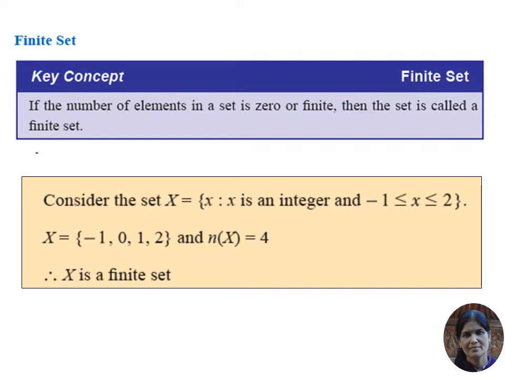In roster form, X is equal to the collection -1, 0, 1, 2, and the number of elements in X is equal to 4. So X is a finite set.